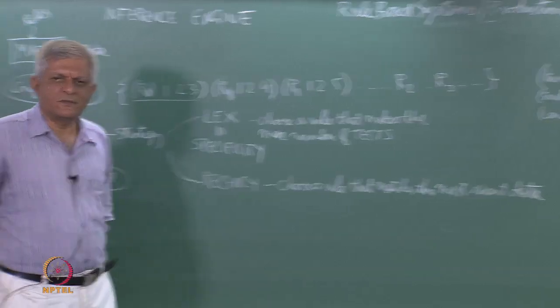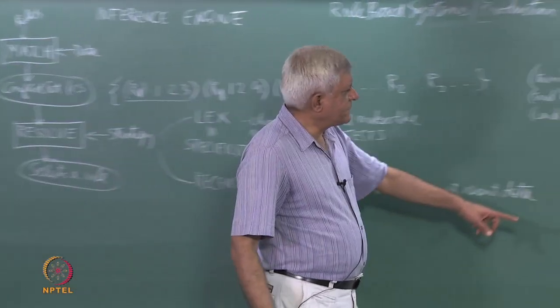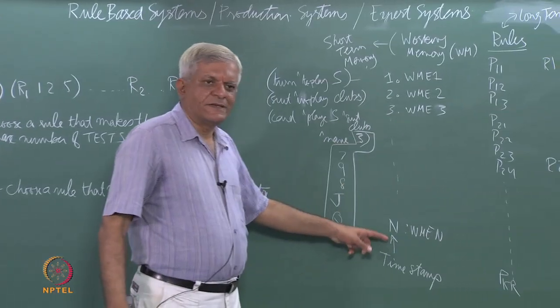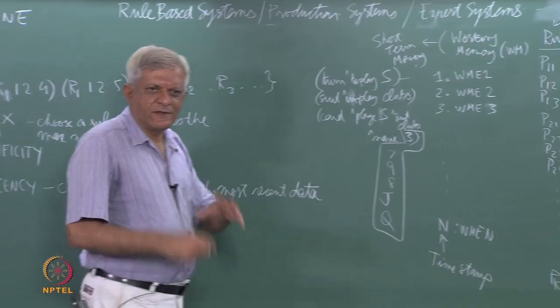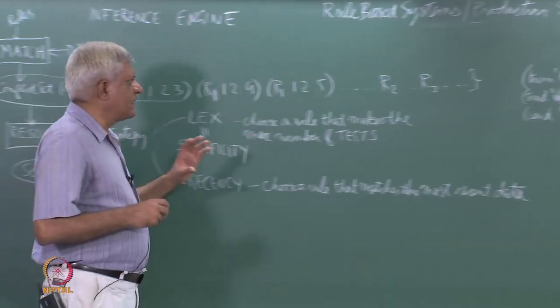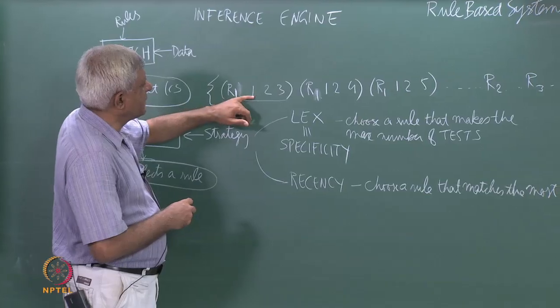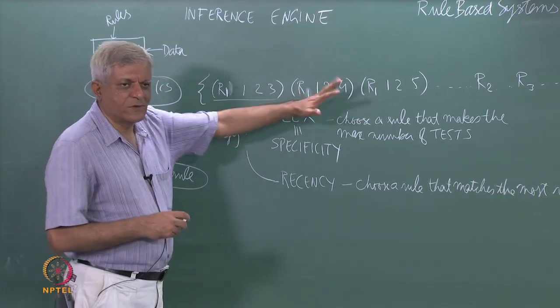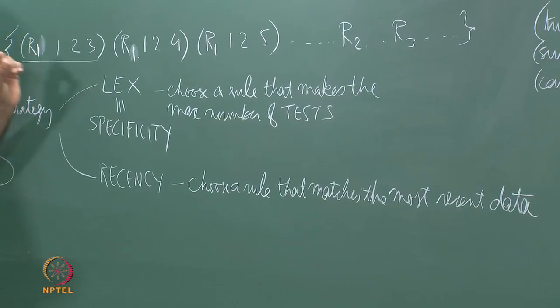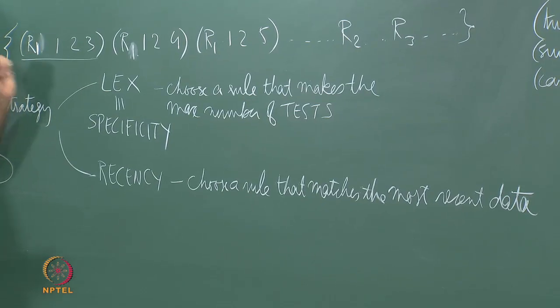And what do we mean by most recent data? It is basically this timestamp that we had said, which has the highest timestamp. So, if every rule will match a certain number of elements, remember, for example, this is matching 1, 2 and 3, this is matching 1, 2 and 4 and so on and so forth. Whichever rule is matching the latest data, choose that rule essentially.